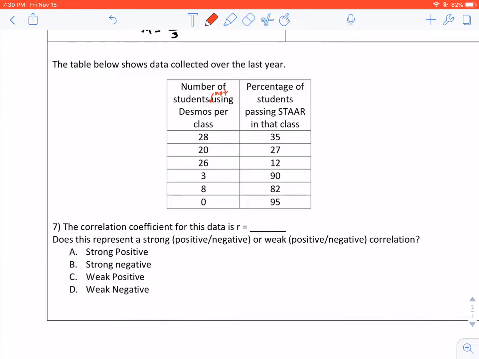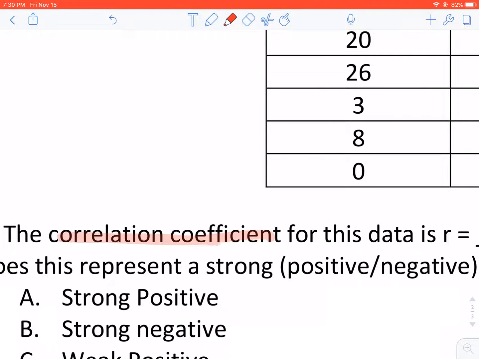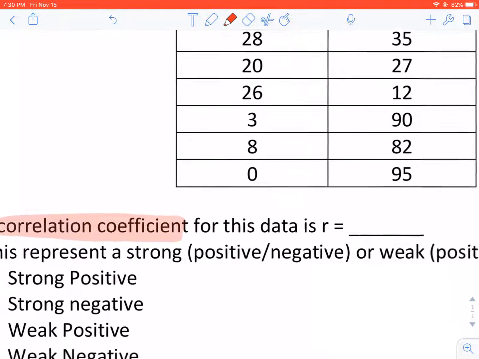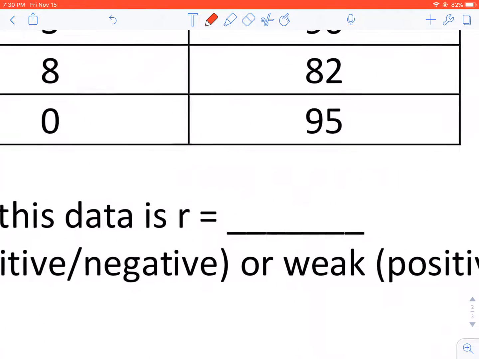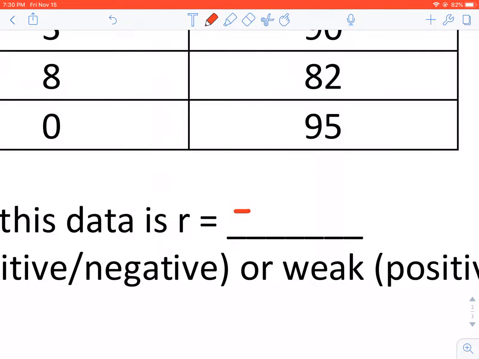So if we were to put this information into our table on Desmos, we would get our slope, our b, and then one more parameter called the correlation coefficient, this guy right here. The correlation coefficient is represented by the letter R. Now on this one, it should say that R is equal to negative 0.95.